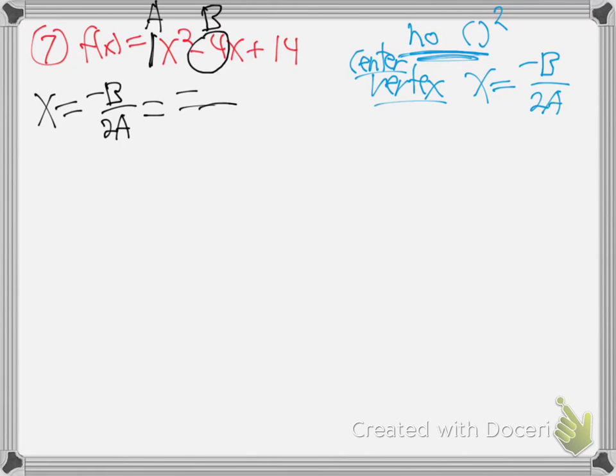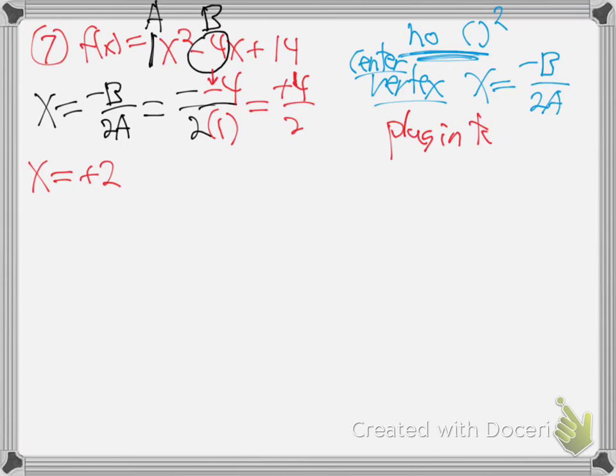Negative b, and b is negative 4, all over 2 times a. And what's a? 1. Do y'all see that? So there is b, negative 4. It's negative, negative b, so it actually becomes positive 4 over 2. So x is positive 2, isn't it? 4 divided by 2. Okay, and then plug in to find y.